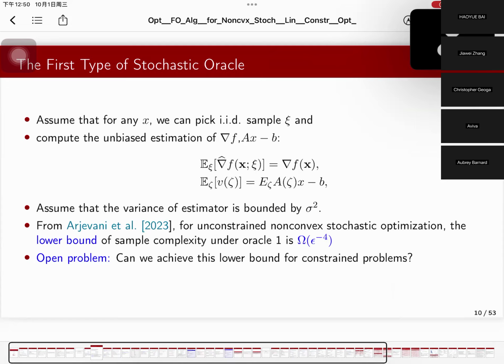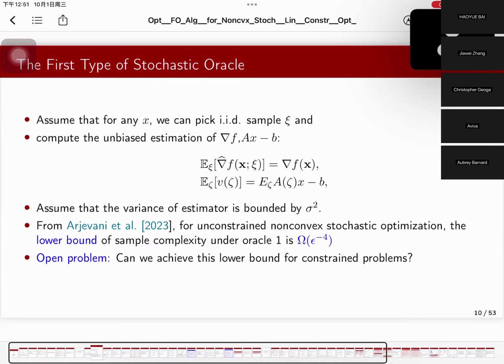At each iteration, we can randomly pick an IID sample from the distribution, and using this sample, we can give an unbiased estimator for the full gradient, and we can estimate the constraint residual in expectation. So these two estimators are unbiased.